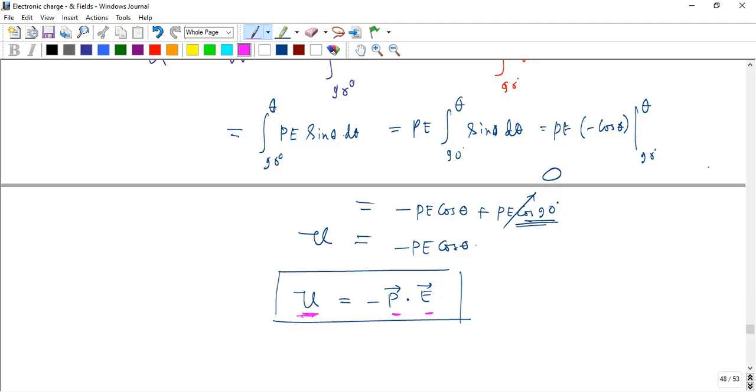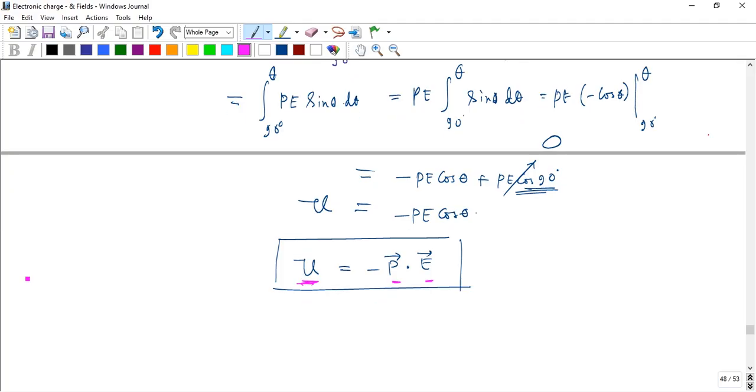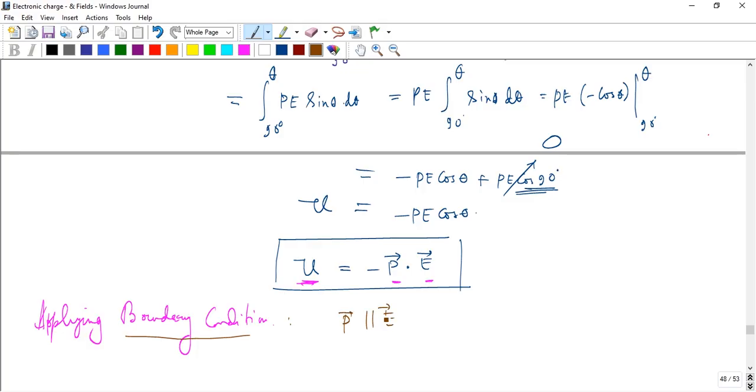Now we apply some boundary conditions. The first boundary condition: if P is parallel to E, in the same direction, P and E are in the same direction.